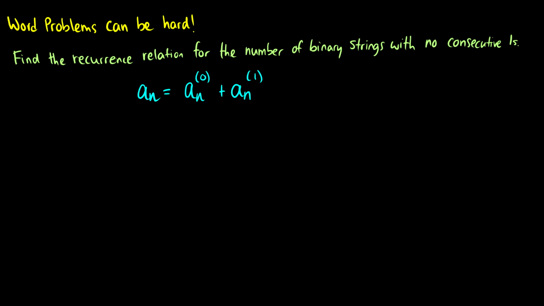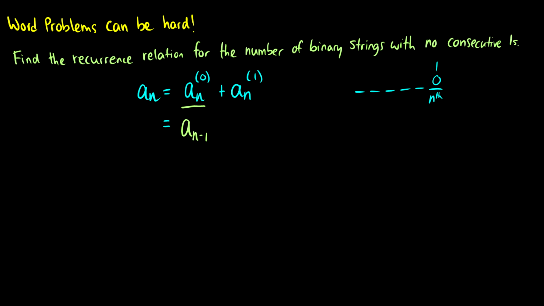So if we have a bunch of numbers and this is the nth digit, then it can be either a 0 or a 1. So we're going to separate the two. If the digit ends in a 0, then we can have any number prior. So the rest can be written in a_{n-1} ways.